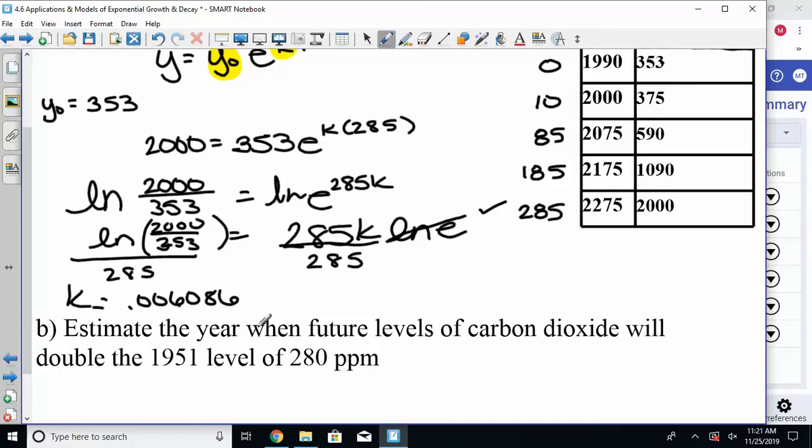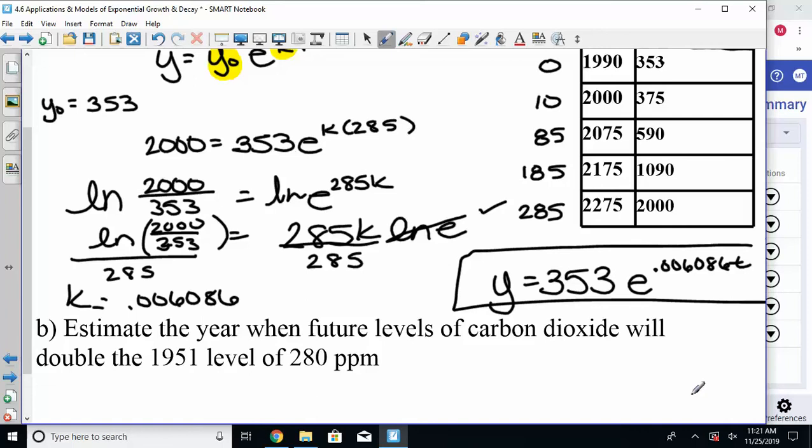I didn't specify how many decimal places, so I'm just going to write it like this. So our equation is y equals y sub 0 is 353, e to the 0.006086 t. So now for any year, we could estimate our carbon dioxide level.